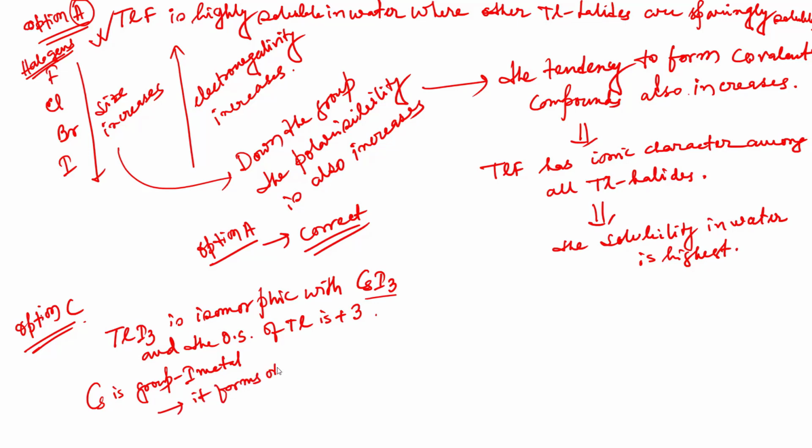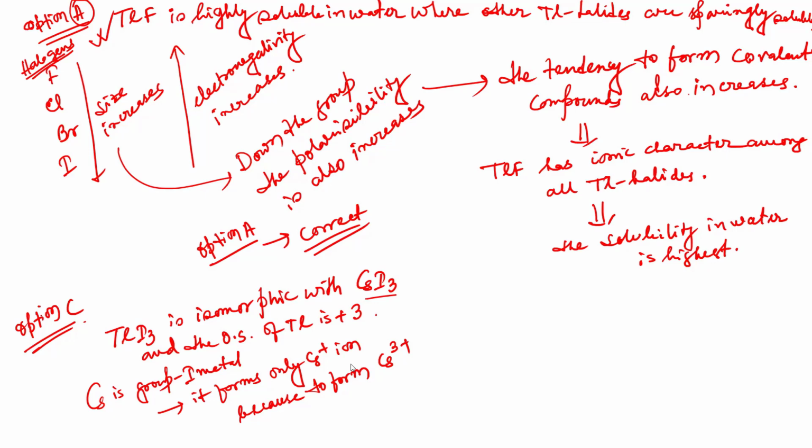It forms only cesium plus, because to form cesium 3+, cesium has one electron in the outermost s orbital. It is very easy to knock out the electron to form the cesium plus ion.